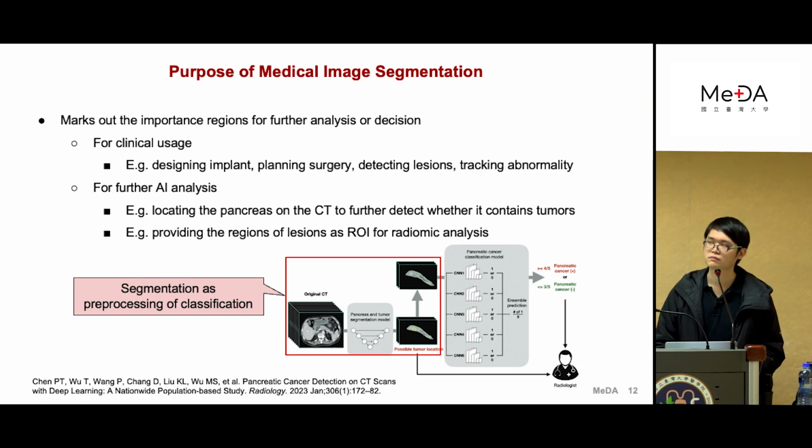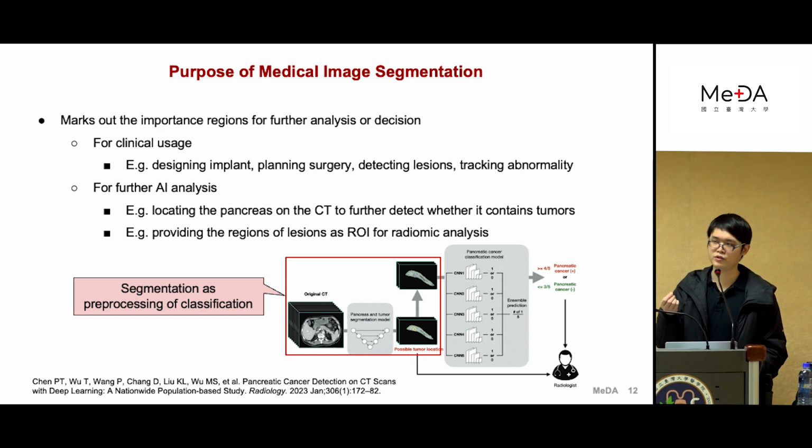We have introduced what medical image segmentation is, but why do we need it? For humans, we can easily see where the organ is, so why do we need a computer to do so? Here is the reason.